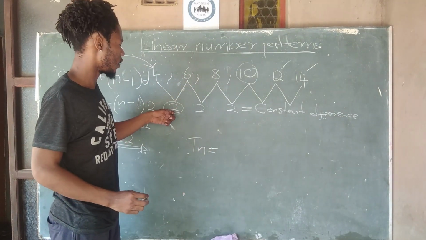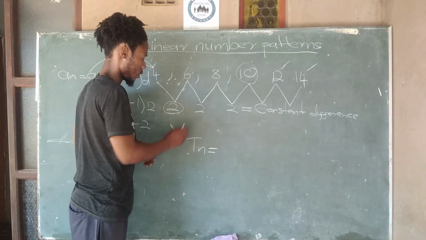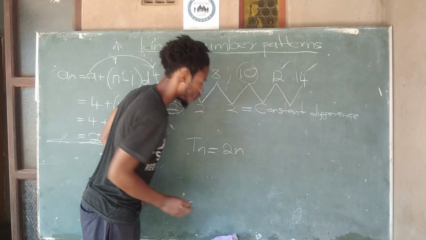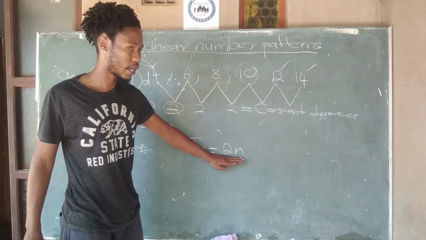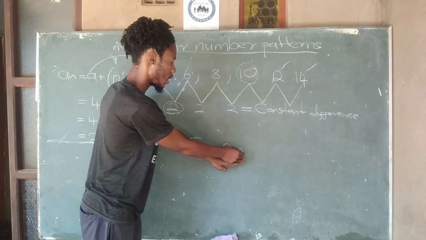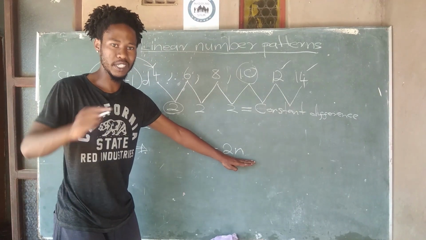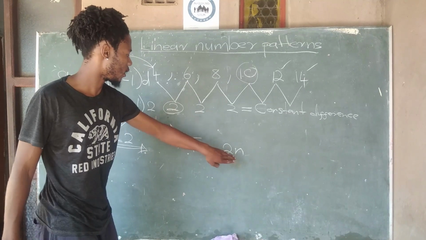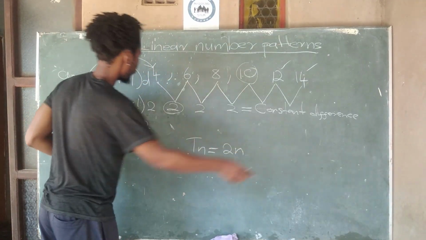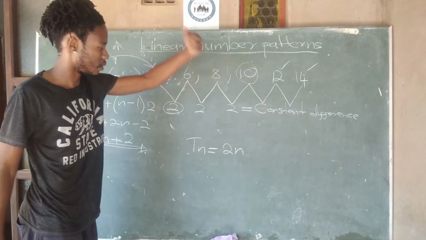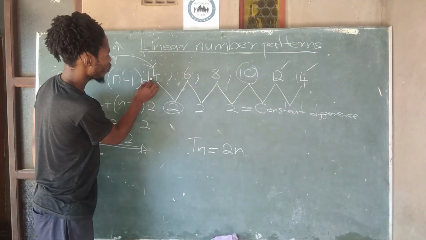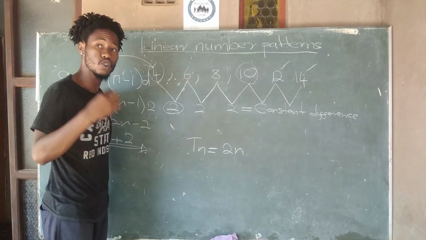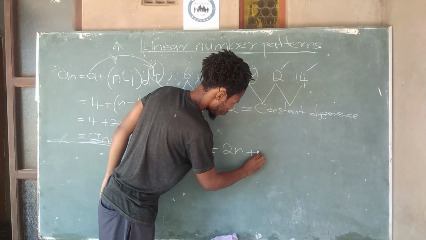If it's 3 or 6 or, in this case, 2, you will just say 2n, because you know that you will have to multiply your common difference with the number of the term you're looking for. So it's 2n, then plus something. How do you get that plus something? This is the first term. It's 4. 4 minus 2 is 2. Then here is plus 2.